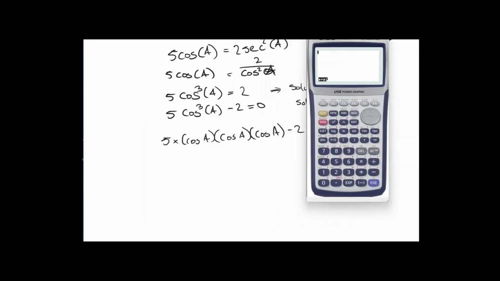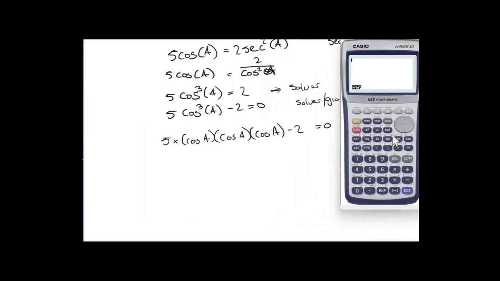This is quite an old emulator, so it's probably why. So I put it in, 5 times cosine x times cosine x times cosine x minus 2, and I come to draw it. It gives this weird, funky looking graph, and I find the root. It finds this root first, it finds this root second.